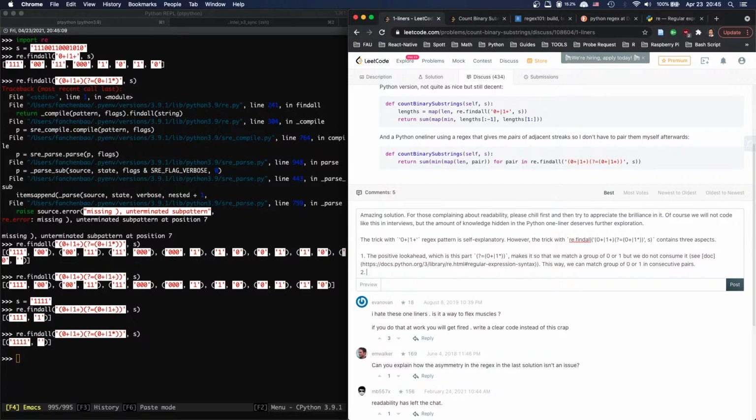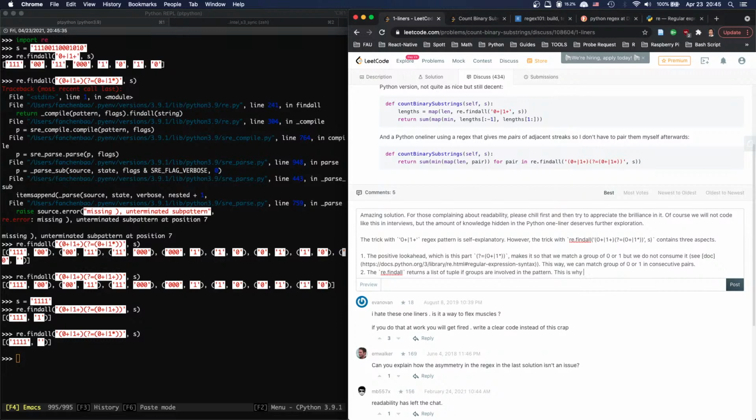2, the findall, re.findall returns a list of tuples if groups are involved in the pattern.